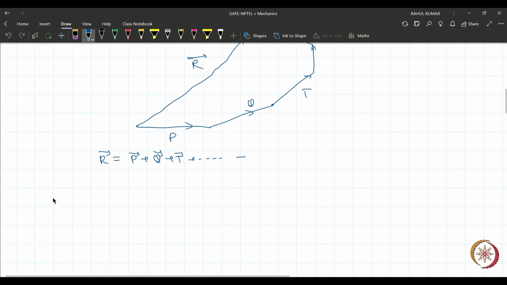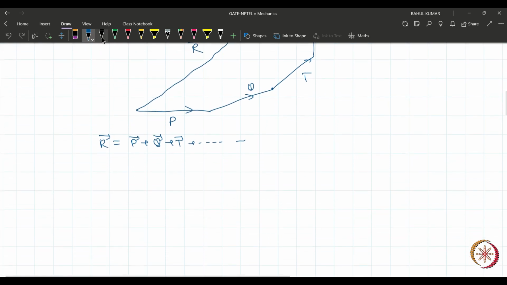And there is another law which is called parallelogram law. I will say these two are same, but the parallelogram law is frequently used because we will deal with only two vectors. Parallelogram law of vectors.